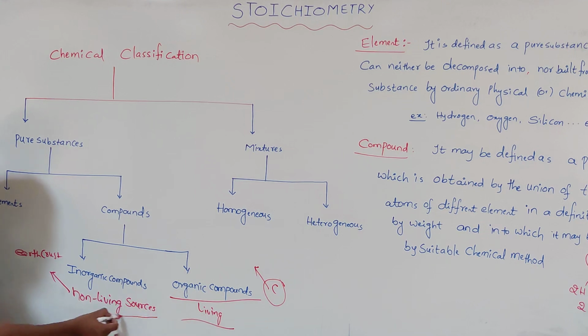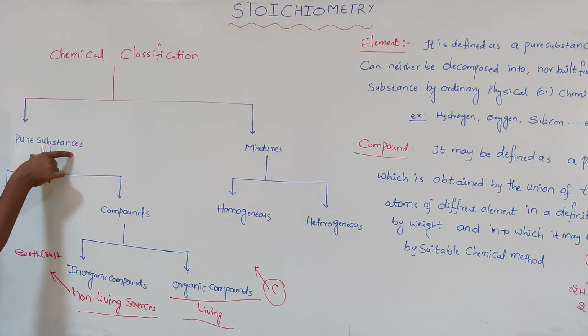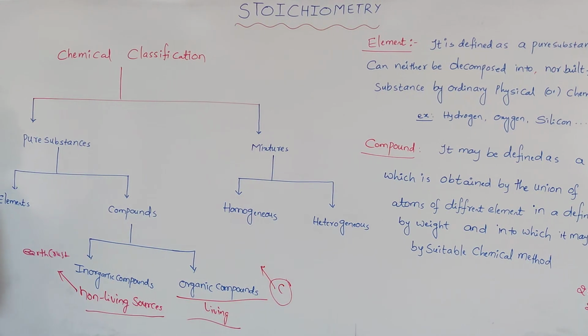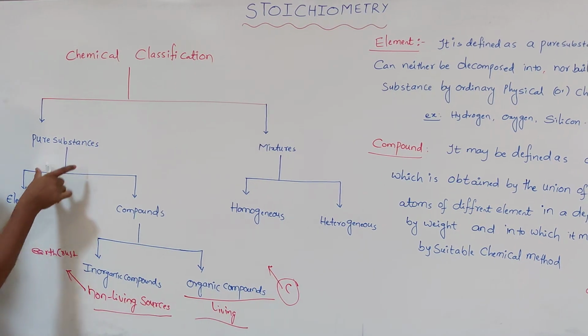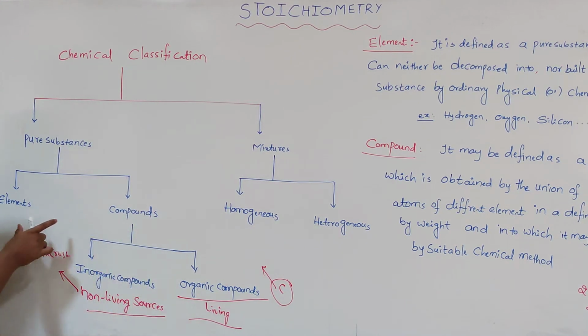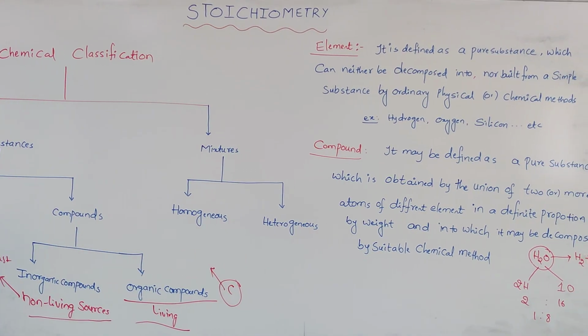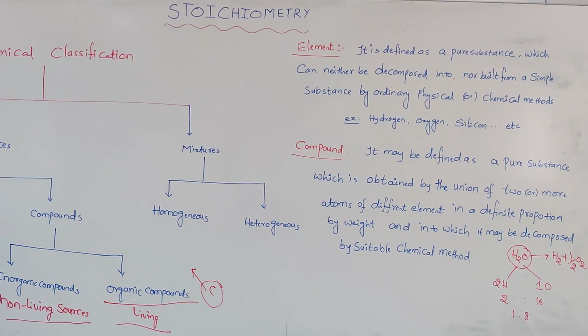Inorganic compounds are obtained from non-living sources. Organic compounds are obtained from living sources. So this is one classification: pure substances consist of only a single type of particles. These are classified into two types: elements and compounds. An element is a pure substance which cannot be decomposed or built from a simpler substance by any ordinary physical or chemical method.